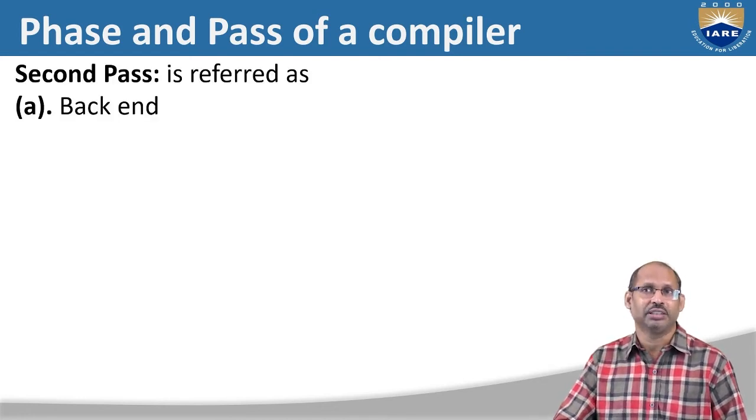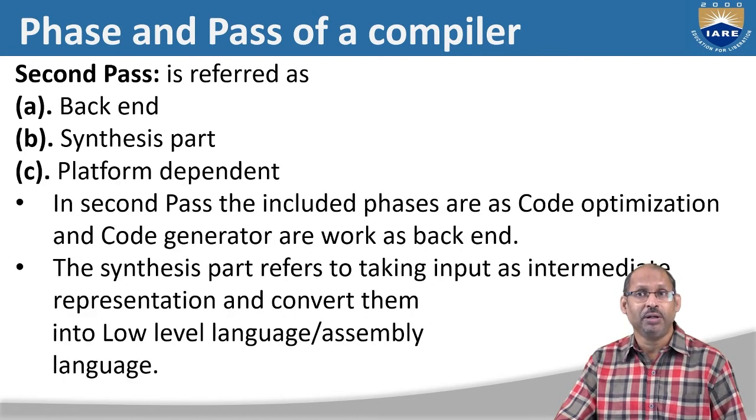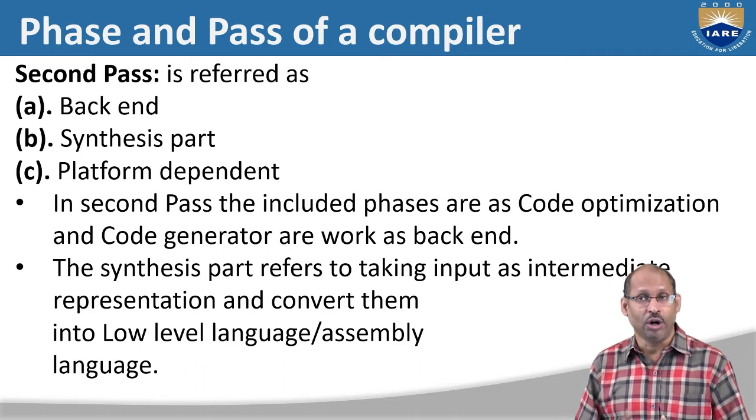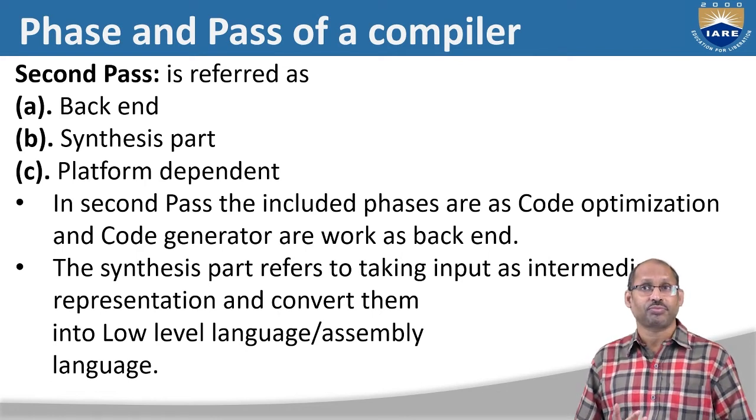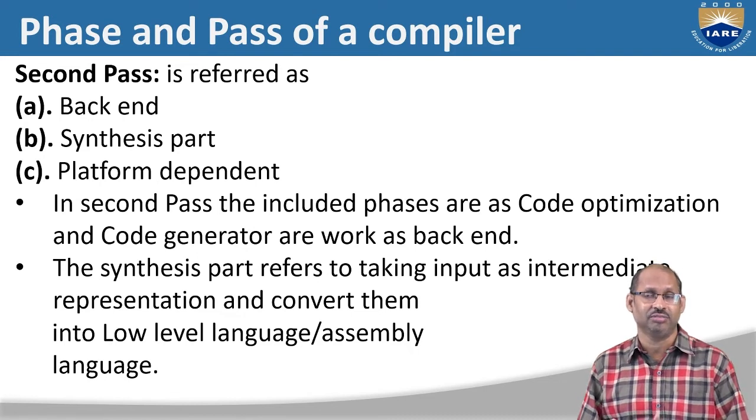Then the second pass. What will the second pass consist of? The second pass will consist of the code optimization and code generator. We can refer to these two phases as the backend, the synthesis part, platform dependent. We already discussed what a backend and a synthesis are, so it's the same thing.